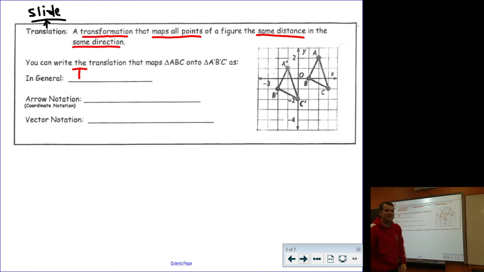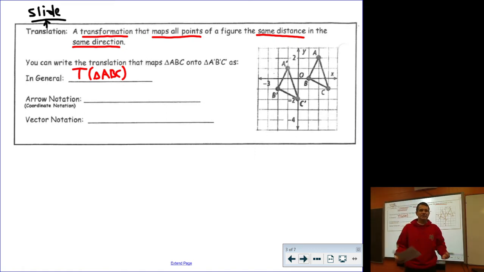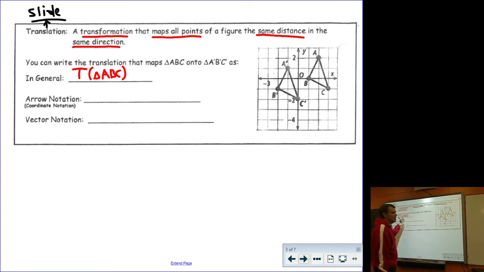We use a capital T, which stands for translation. And in parentheses, we put the figure we are translating. You read this as the translation of triangle ABC equals triangle A prime, B prime, C prime. That would be the general notation.